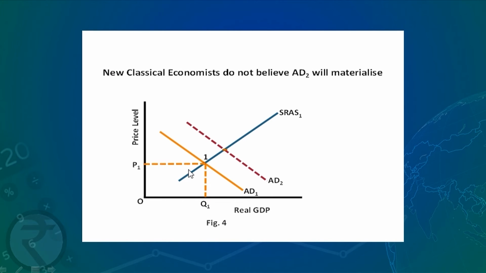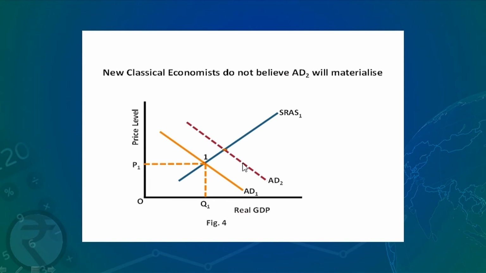Now, if expansionary fiscal policy is adopted, it is expected that the aggregate demand curve will shift to the right as AD2, but according to the new classical economists, aggregate demand will not rise because people will reduce consumption, they will save more because they are thinking they will have to pay more taxes in the future.